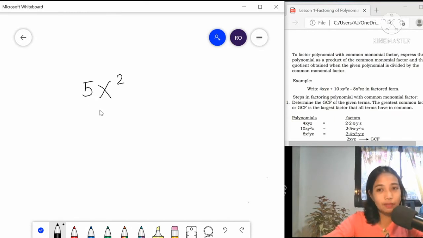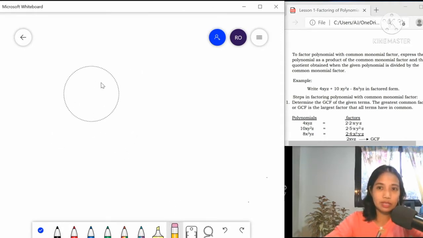X is the variable. Pag sinabi nating variable, pwede yang represented ng any letter in the alphabet. Yung 2 naman ay ang tinatawag nating exponent or degree. So let's proceed now to the factoring by getting the common monomial factor.